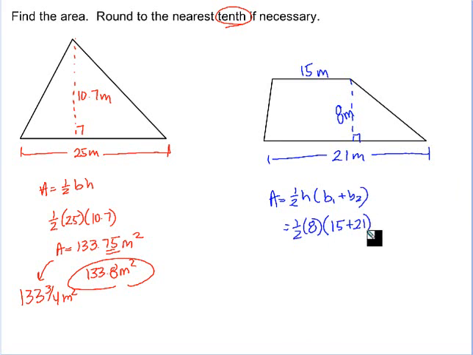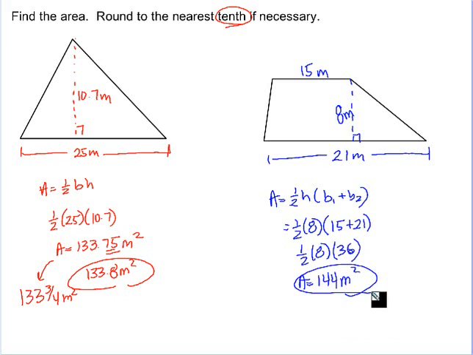So first order of operation dictates we have to do parentheses. So 1/2 times 8. 15 plus 21 is 36. And so we take 36 times 8 and we times that by half, and the area for this trapezoid is 144 meters squared.